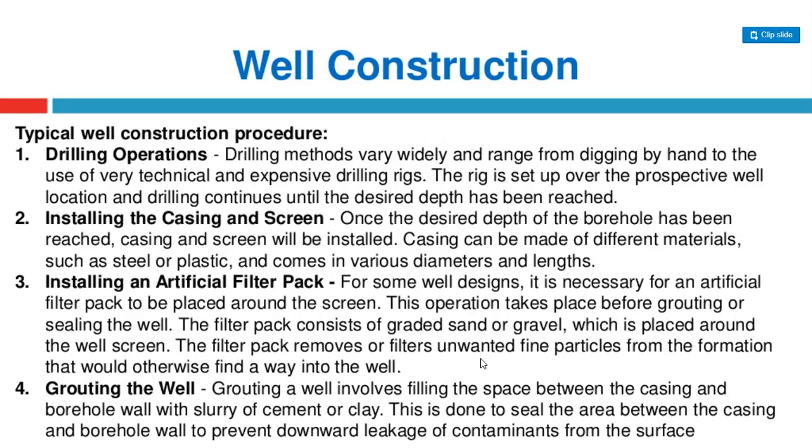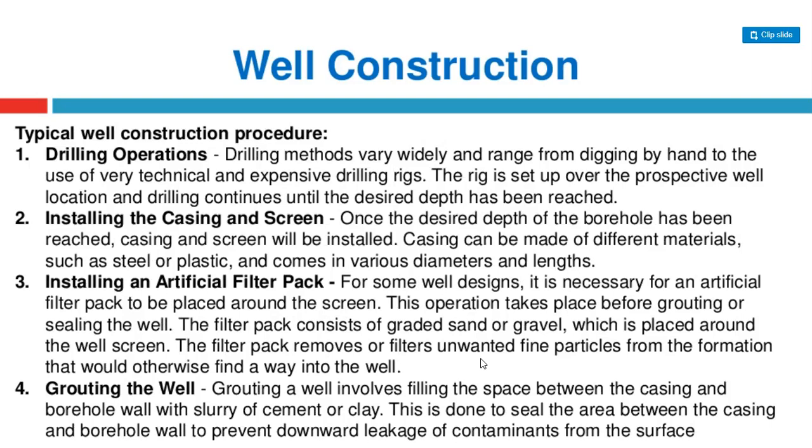Typical well construction procedure. Drilling operations and drilling methods vary widely and range from digging by hand to the use of very technical and expensive drilling rigs. The rig is set up over the prospective well location and drilling continues until the desired depth has been reached.